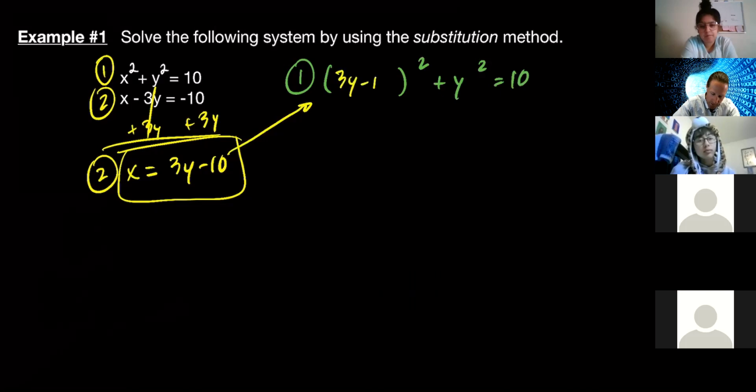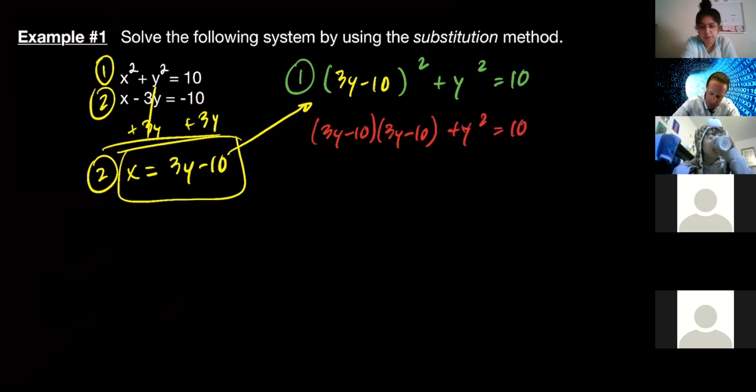It's 3y minus 10. Now, Anthony asked a good question earlier. We already answered it. What are we going to have to do when we have 2 things squared? Do I just get to square each piece? Unfortunately not. Remember, we reviewed all of this early on. We actually have to take 3y minus 10 times 3y minus 10.